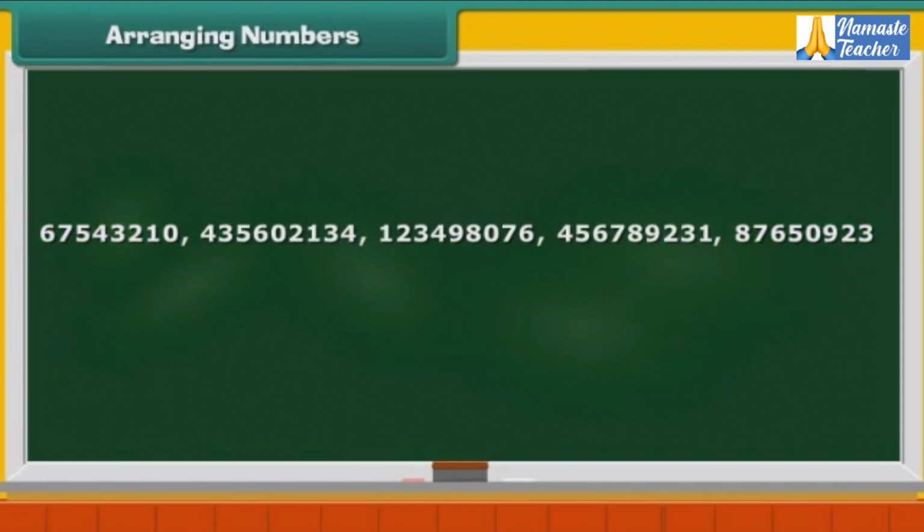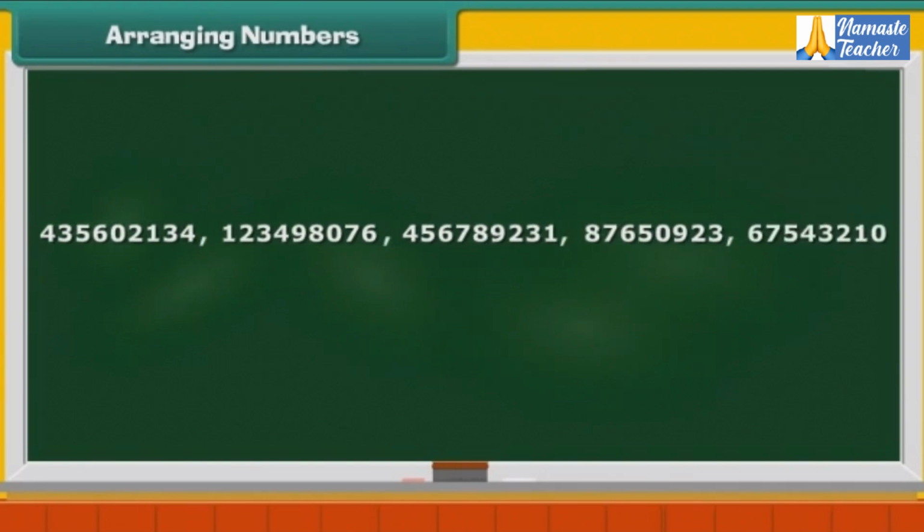Their first digits are 6 and 8. We know that 6 is lesser than 8. Therefore, 6754 3210 is lesser than 8765 0923. Place 6754 3210 after 8765 0923. Now consider the three 9-digit numbers.